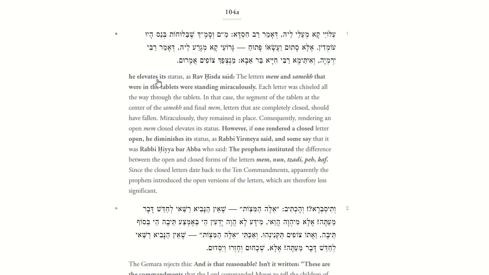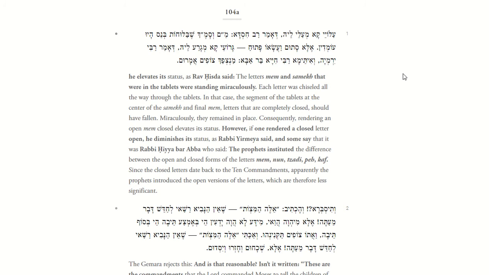Yes, this kind of starts in the middle of the letter. You will learn, if you read more Talmud, that it doesn't read easily, so that's why I want to walk you through it. They're talking about the final forms. One of the terms they use here is "elevates its status."